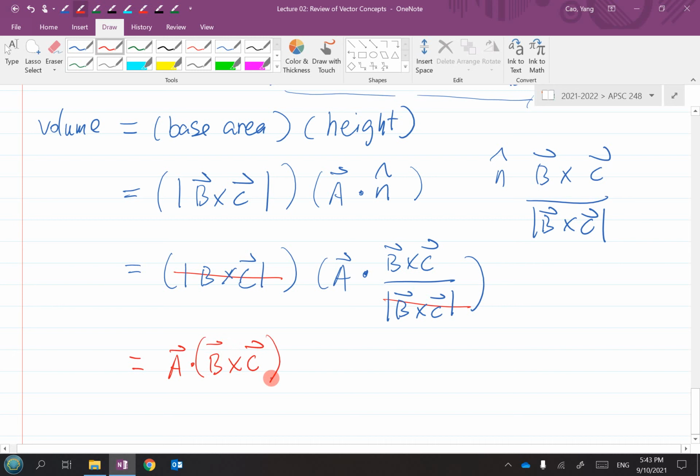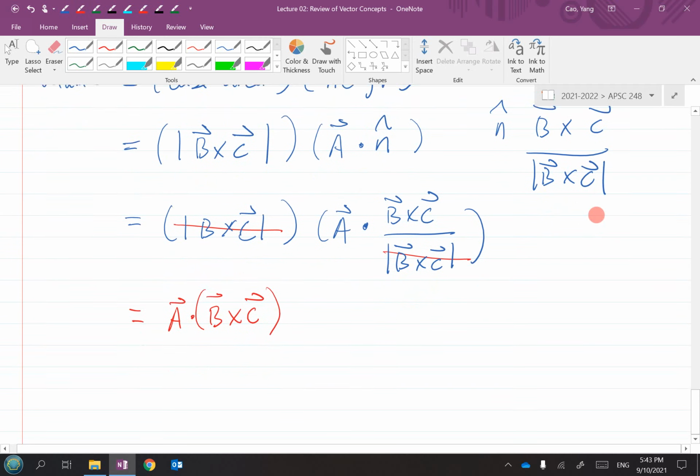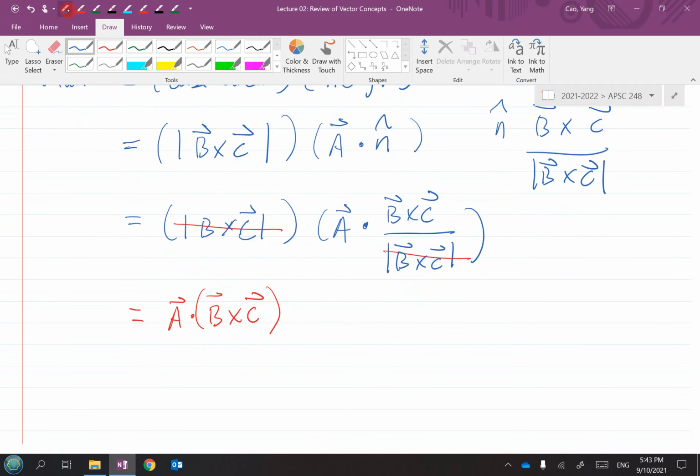So this one involves both the dot product and the cross product. Good? I'm not going to show the details here, but we can show that there's a connection between this formula and linear algebra.